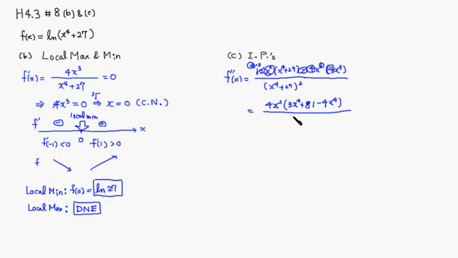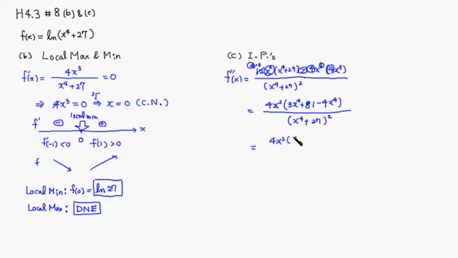All right. Then we took everyone, and the denominator stays the same. So quantity x to the fourth plus 27, squared. All right. So we can simplify that a little bit further. We can say 4x squared is there.